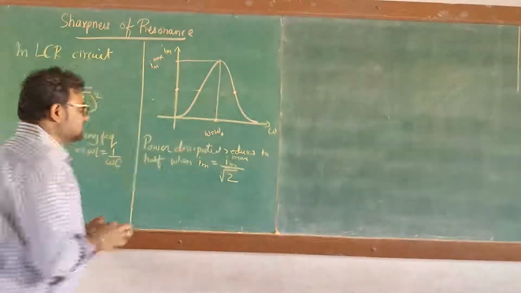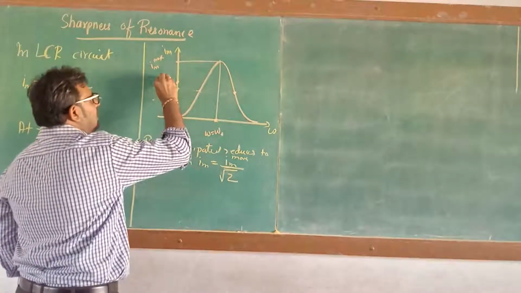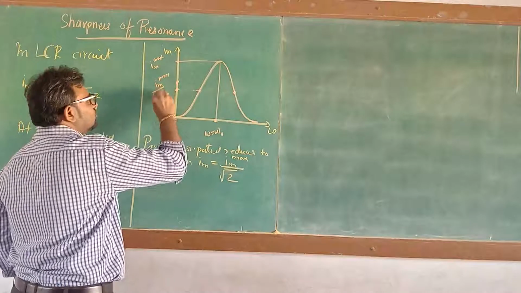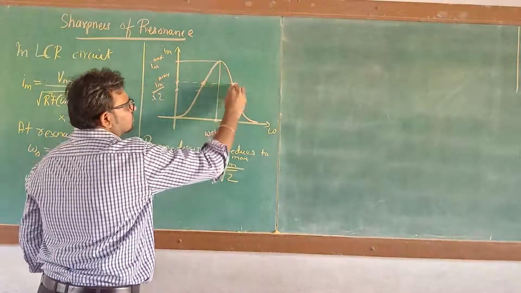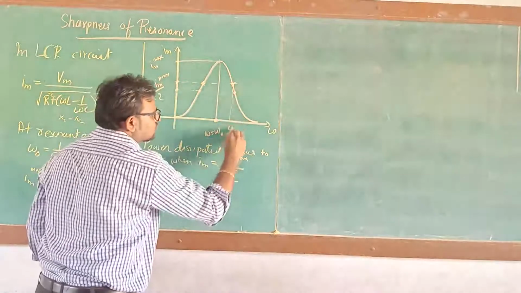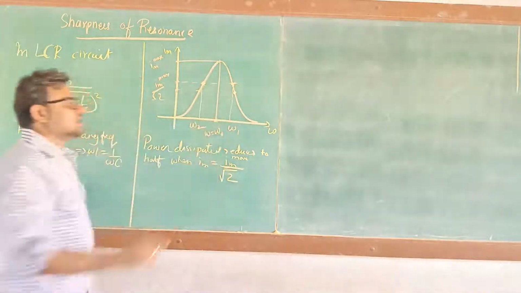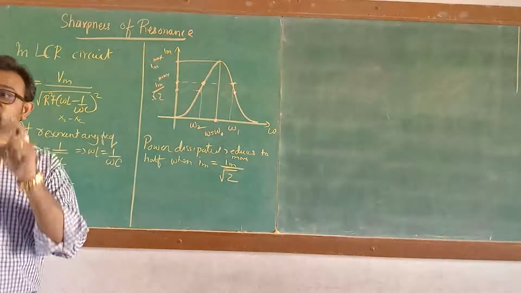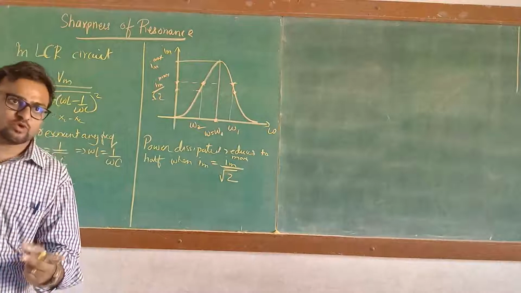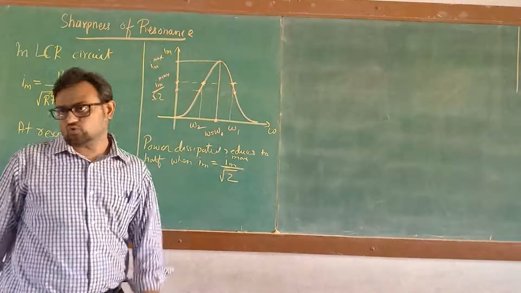Power is half, so here it will be somewhere Im max by root 2. And here there are two positions. Let's name this omega 1 and this omega 2. So this occurs at two positions when omega is equal to omega 1 and omega equal to omega 2.